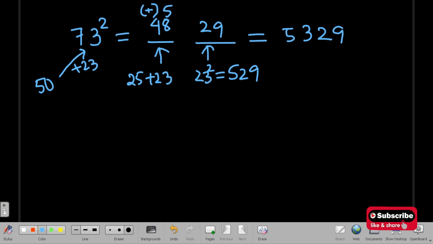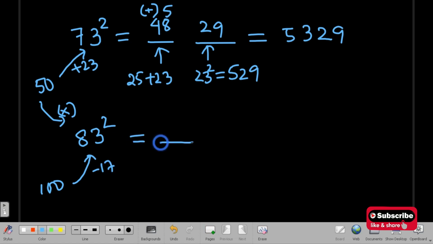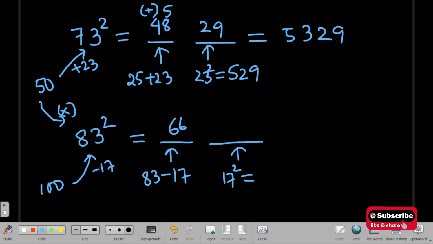So these are some of the methods. Now let's calculate 83 square. In this case we are not going to take base 50 because the distance is very much. So just remember the rule of 100. How much is it from 100? 17. So the first two digits are going to be 83 minus 17, which is 66, and the last two digits are going to be 17 square, and it will be 289.